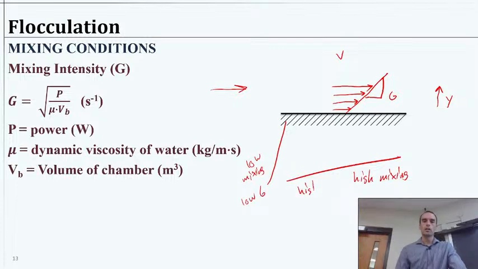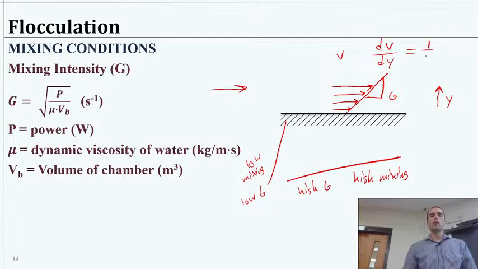versus high G. And we could write this out a little more mathematically to say the differential of the velocity versus differential of the y, that's essentially giving us units of 1/seconds, because it's distance per time divided by distance, right?